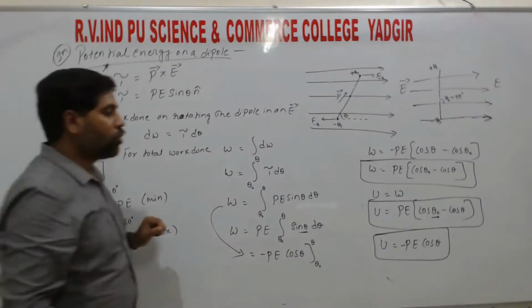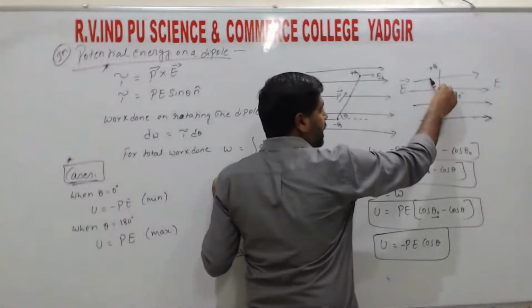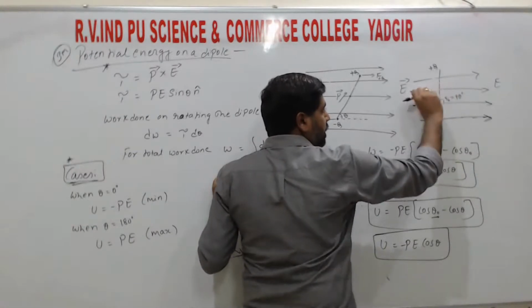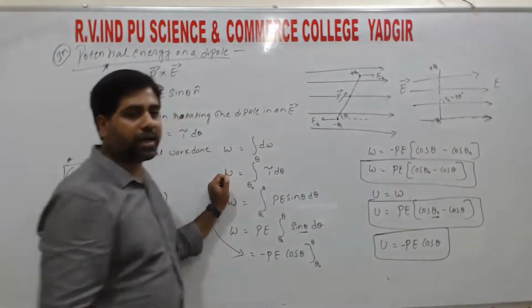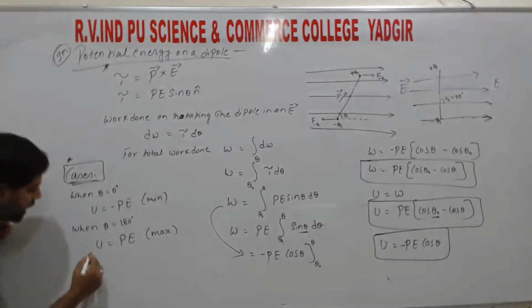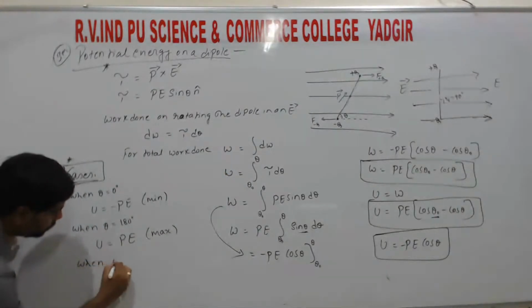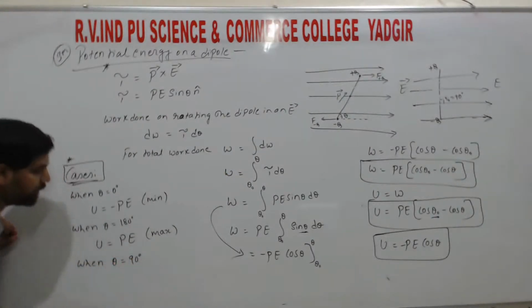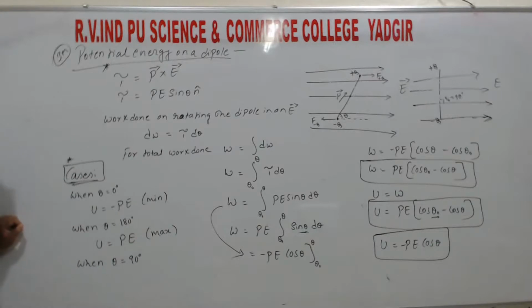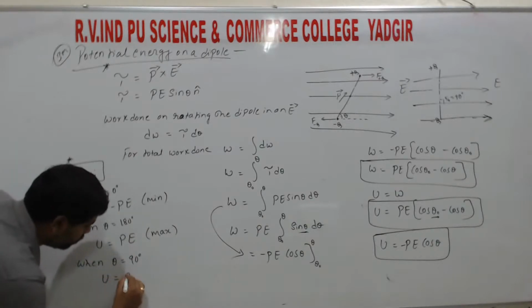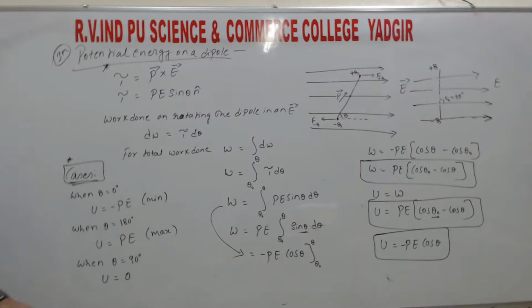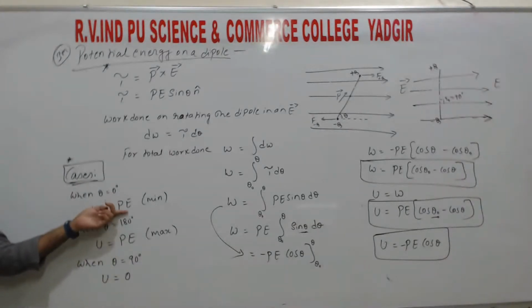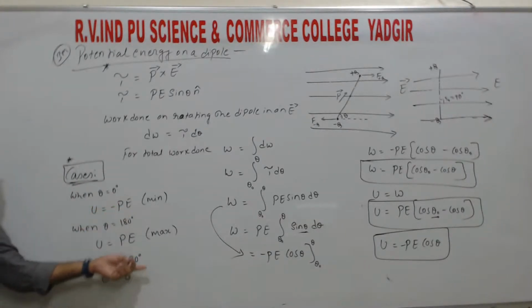Now at 90 degrees, cos 90 is 0, then U is equal to 0. Minus 1 is less than 0, hence that value is the minimum, right?